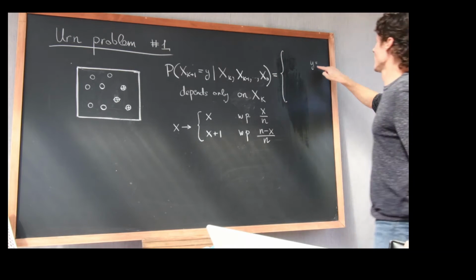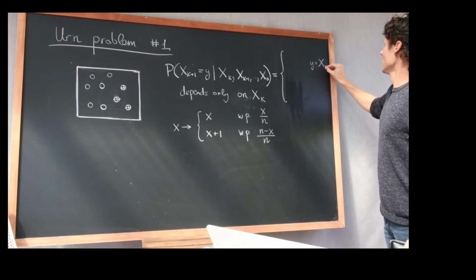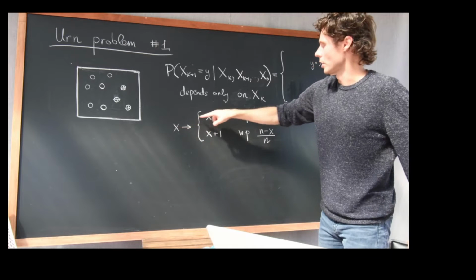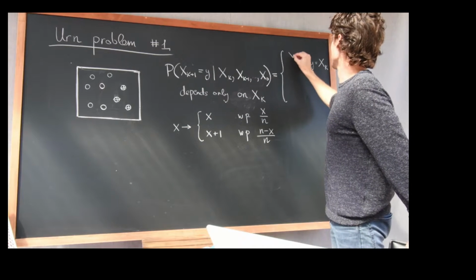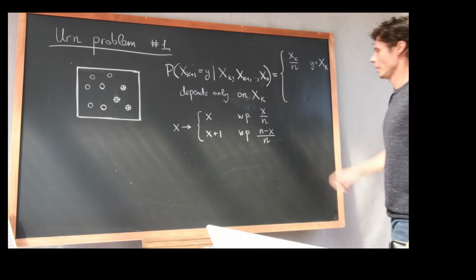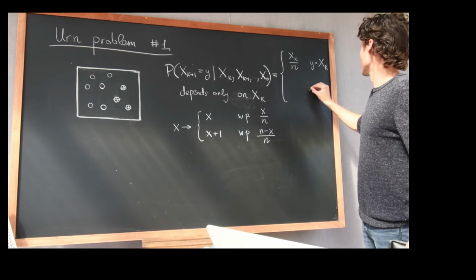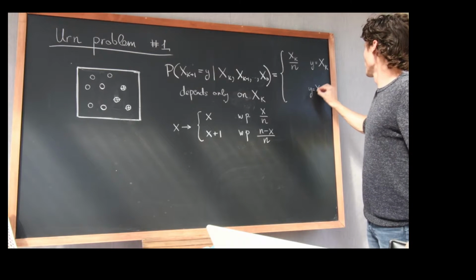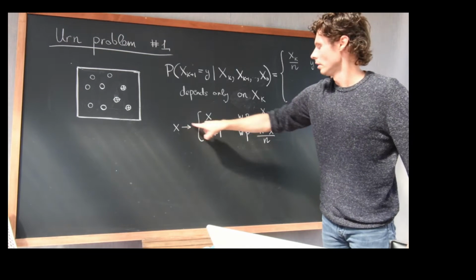So let's say y is equal to xk. This corresponds to this transition here. The probability is just xk over n, copying directly from there. And then there's only one other case, which is y equal to xk plus 1.